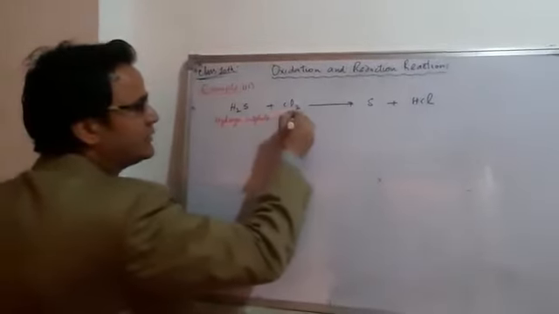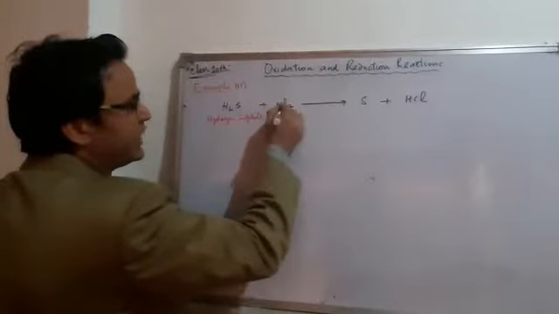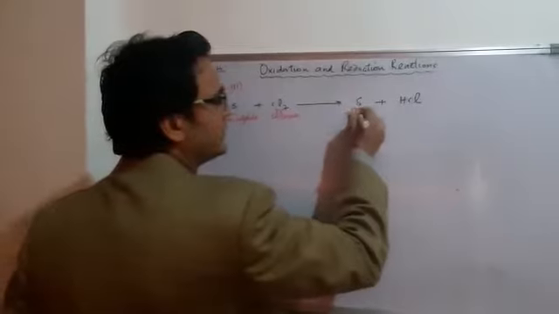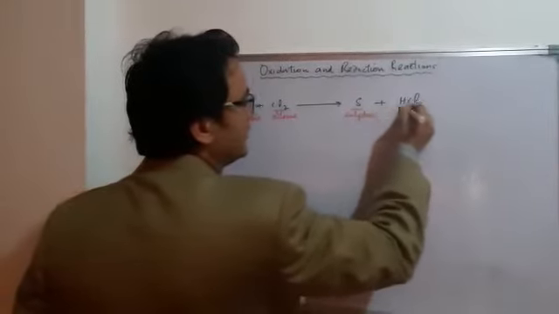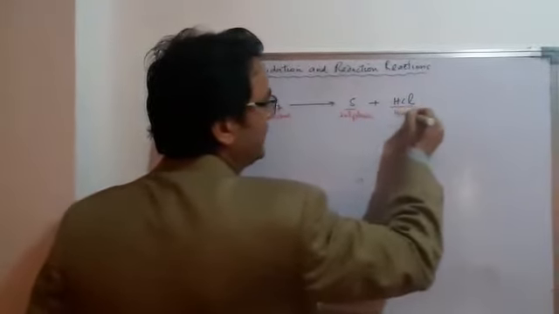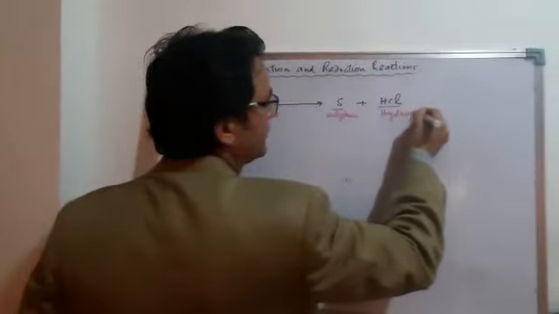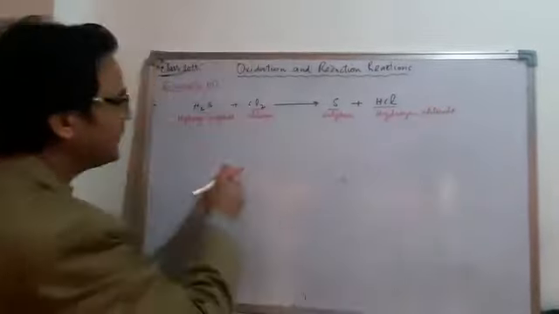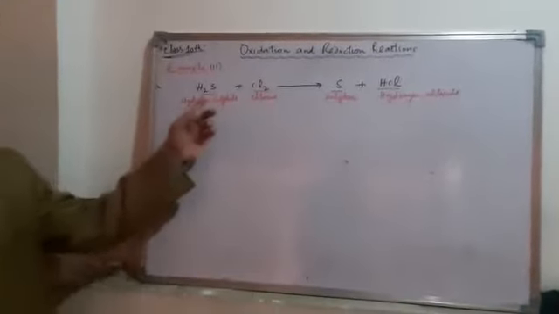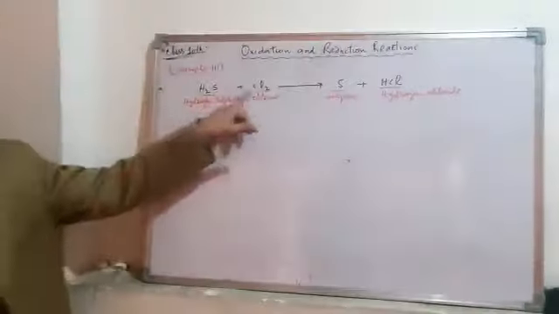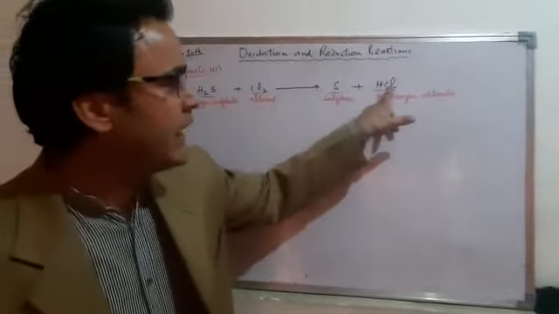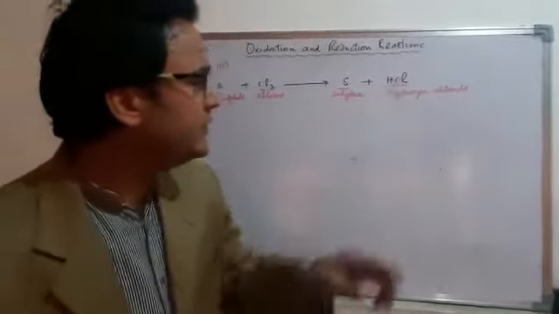This is chlorine, Cl2 is chlorine, and in the products we have sulfur and we have hydrogen chloride. So actually what happens, hydrogen sulfide when it reacts with chlorine, it gives sulfur and HCl, that's hydrogen chloride.